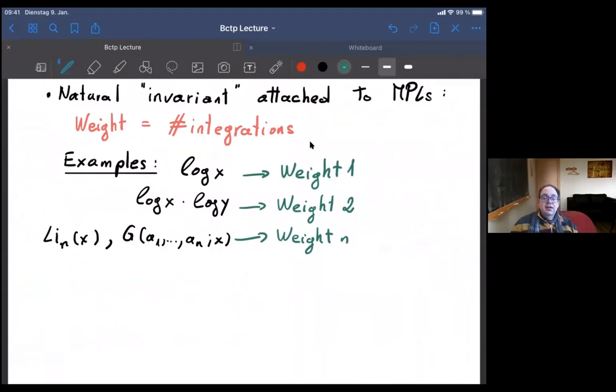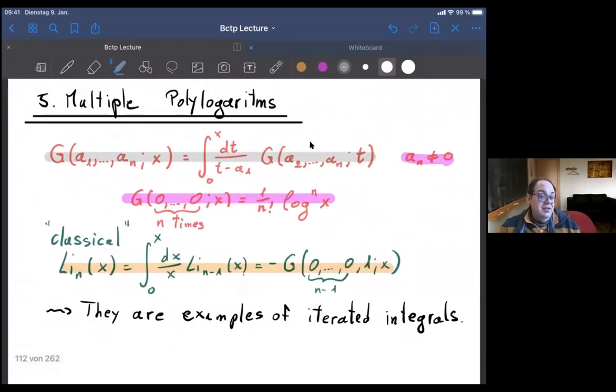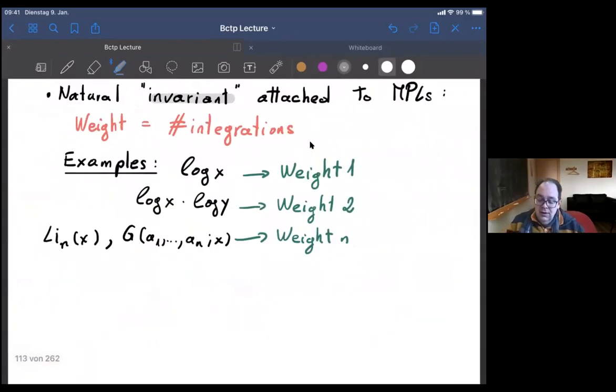Good. So what do we know about these functions? Well, the first thing is you can easily check, well, let's call it a definition at this point, that there's a natural thing you could call an invariant that you can attach to polylogs, which is the number n of integrations. So every polylog I can characterize, among other things, by the number of iterated integrations that I did. And let me call the number of such iterated integrations the weight. For example, log x has weight 1.